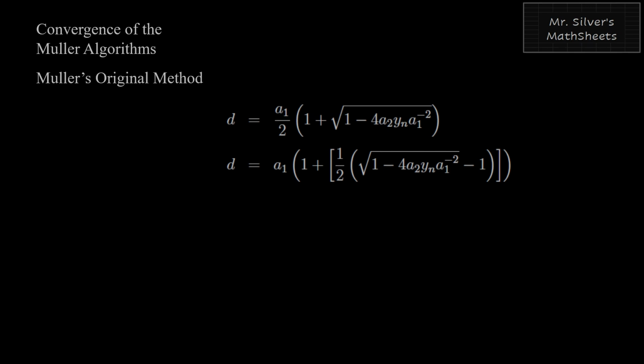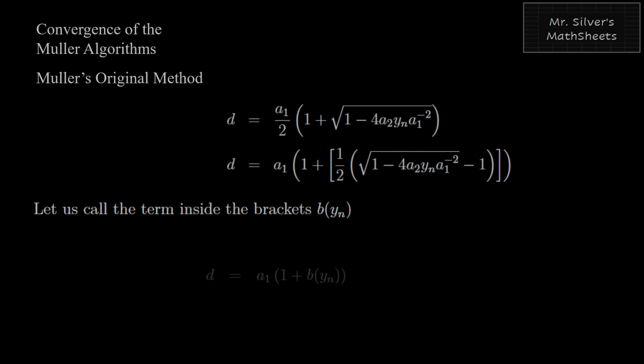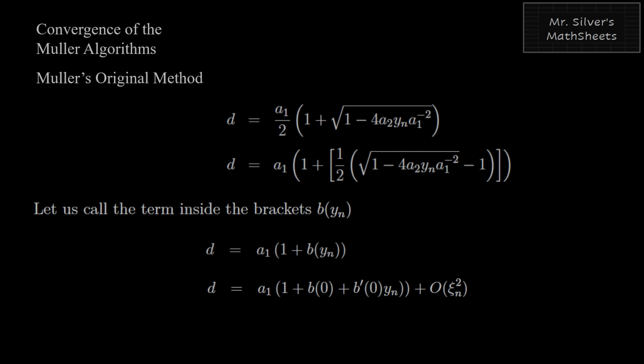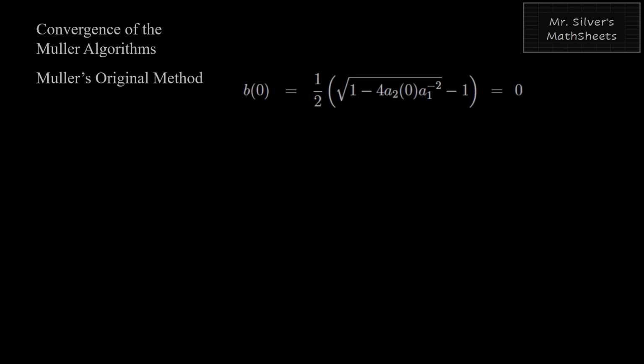times 1 plus another term that's small when y is small, and that term in the brackets we'll call b, and we'll do a Taylor series expansion on b because b is small. We have to calculate b of 0, we have to calculate the derivative of b and then evaluate it at 0. So evaluating at 0 is easy, it's just 0.